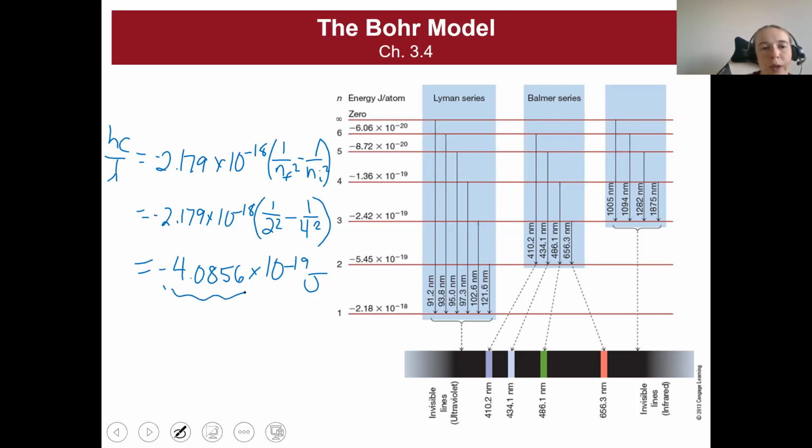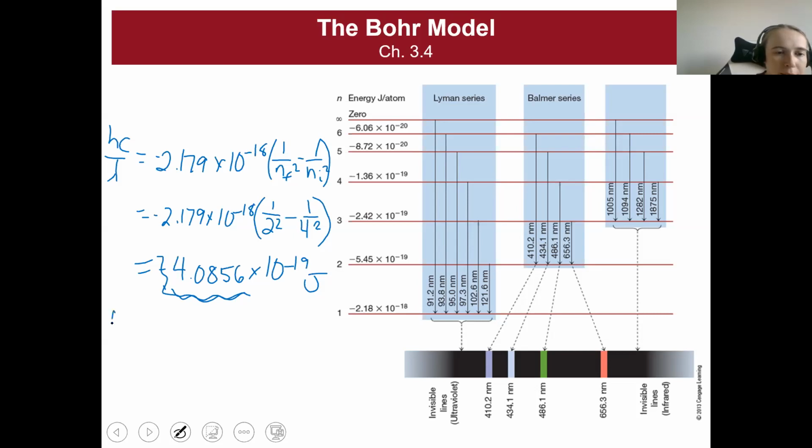Why can I drop that negative sign? Because the negative sign only tells us whether the light is emitted or absorbed. We know from our question and from our initial and final states that to go from a higher energy level to a lower energy level, we are emitting our photon. So we don't need to worry about this anyway, but that is why it's still negative, because we're emitting a photon. So I'm just going to get rid of my negative sign.